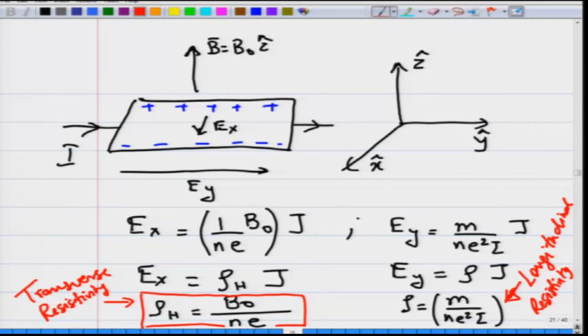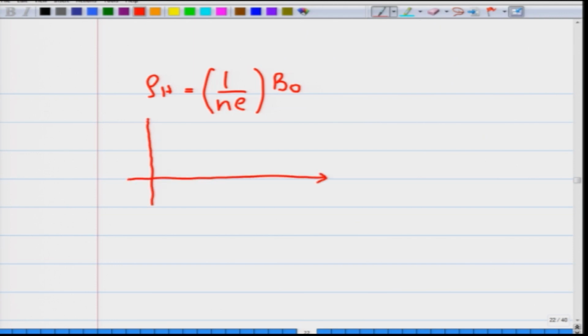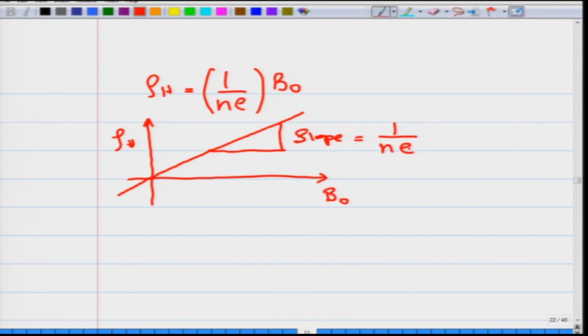Let us discuss the transverse resistivity a bit more, which is the Hall resistivity. The Hall resistivity is 1 over Ne into B naught. If you plot the Hall resistivity as a function of magnetic field, this expression shows that it is going to be a straight line, where the slope of this straight line is going to be 1 over Ne.